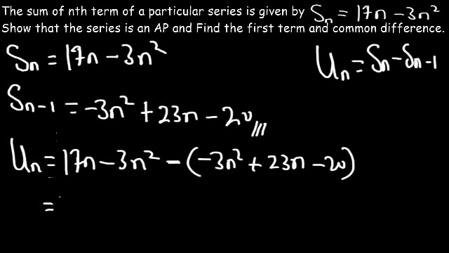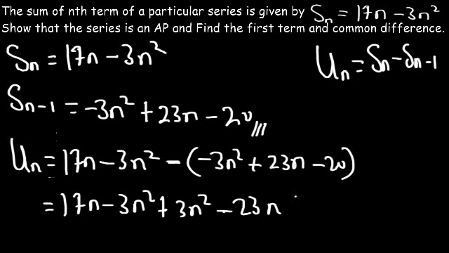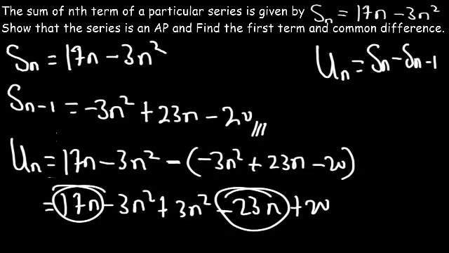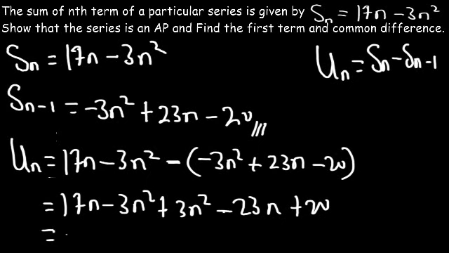And if I distribute the negative sign, we should be left with plus 3n squared, then minus 23n and plus 20. Perfect. So if I subtract 17n from negative 23n, I should be left with negative 6n. Minus 3n squared and plus 3n squared cancel out. Then plus 20. Perfect. So U sub n is negative 6n plus 20.